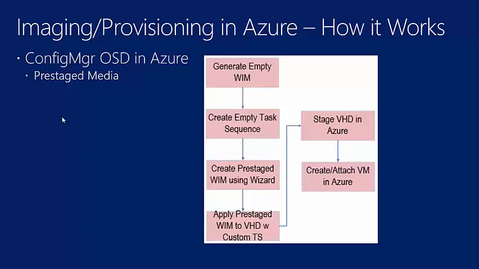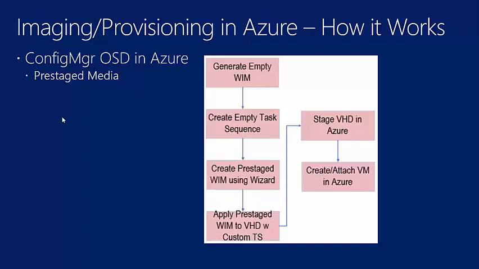So the pre-stage wizard will ask you for a WIM file. Well, in the case of what we're trying to do, we don't want to apply the WIM file. Now, you may, right? Pre-stage works great in an Azure environment too. If you want to use the traditional pre-stage approach, that's great. So you may want to take a full WIM and apply it to the disk, right? In my case, I don't, because what I'm trying to do is get the equivalent of boot media.